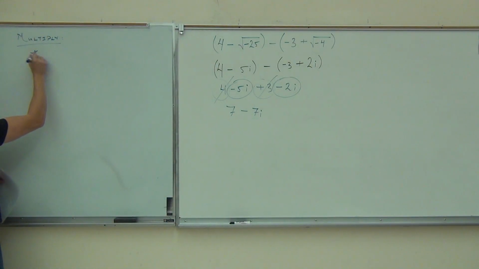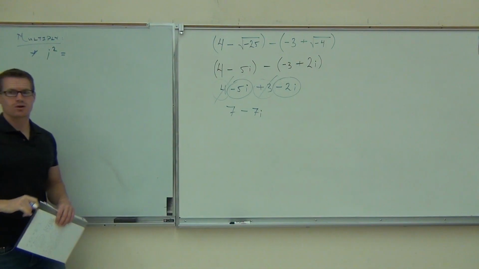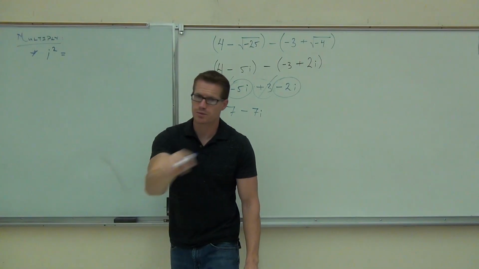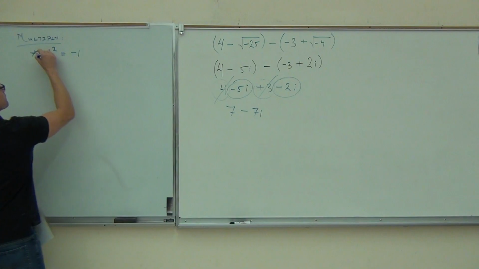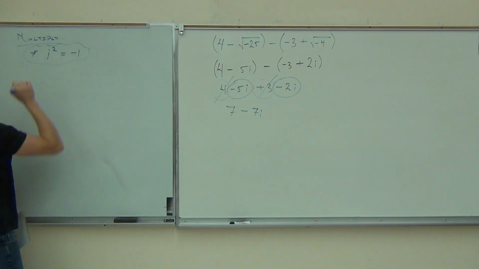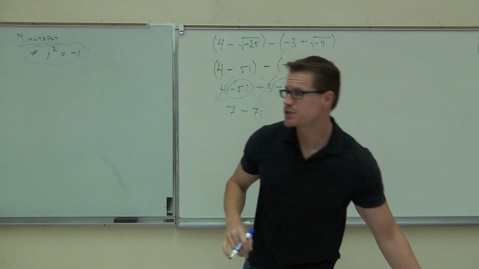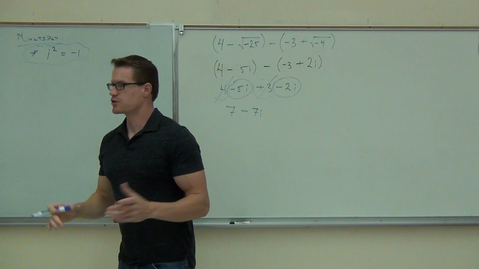You need to know and have down in your head at all times how much i squared is equal to. How much is i squared equal to? That's it. If you remember that, and if you remember that every single time you see i squared, you're going to put negative 1.